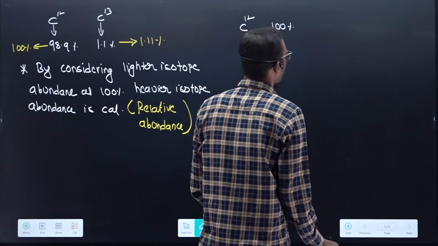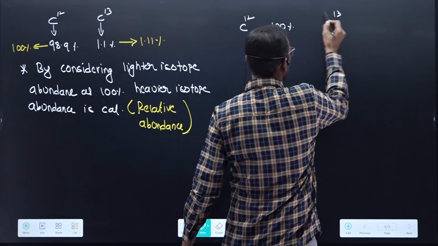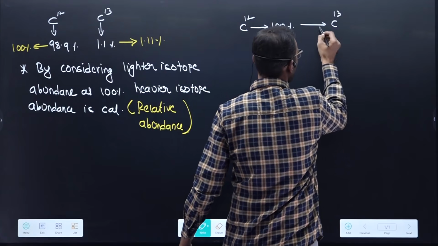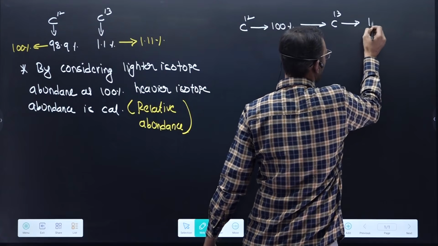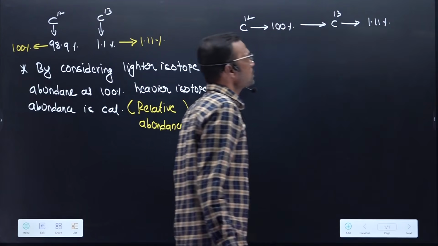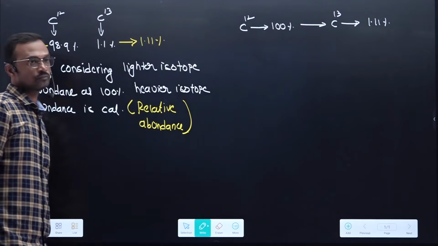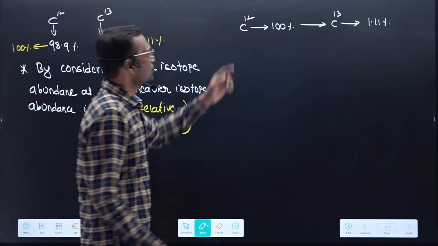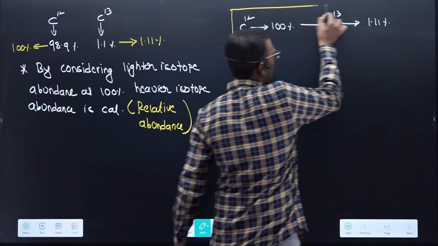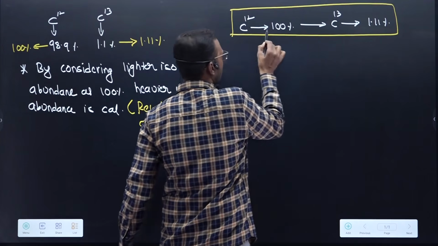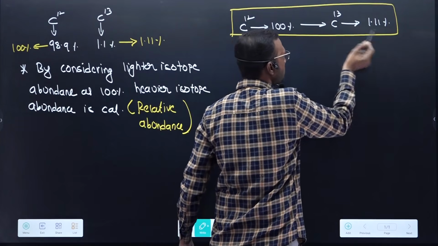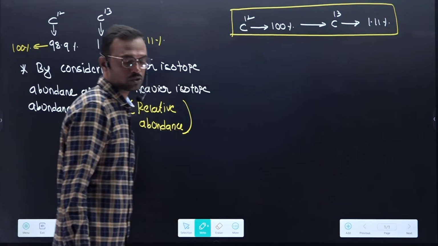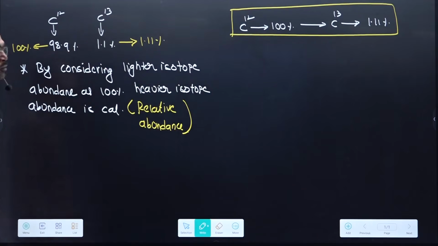And if I take C13, with respect to this, what is abundance of C13? C13 abundance is 1.11 percentage. This is the natural abundance of C12. So this is a reference every time. With respect to lighter isotope, what is abundance of heavier in nature? 1.11. So carbon abundance is 1.11.